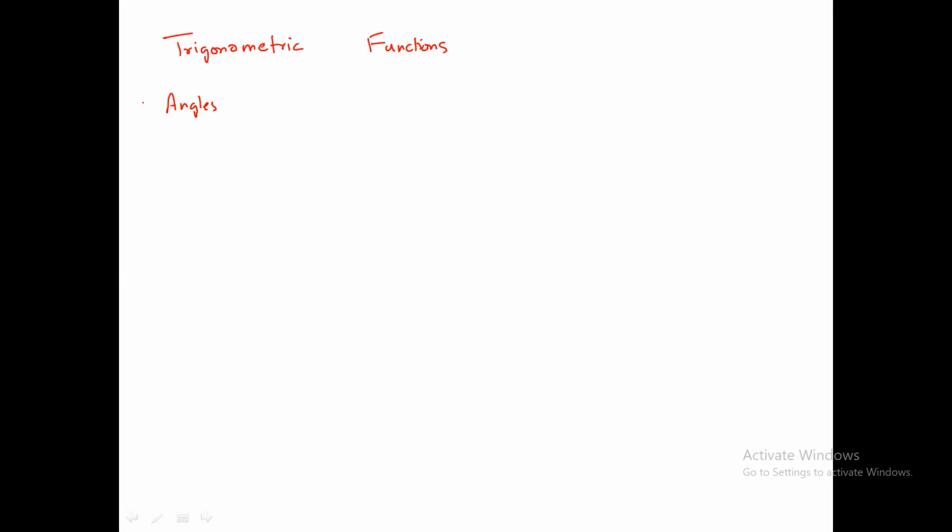What are angles? Suppose you have a point, let us name it as O and let us call it the vertex. Then we have a straight line or a ray. This is called the initial side.